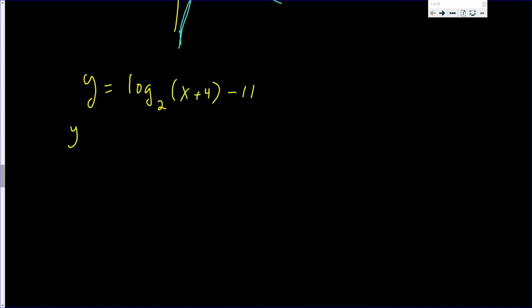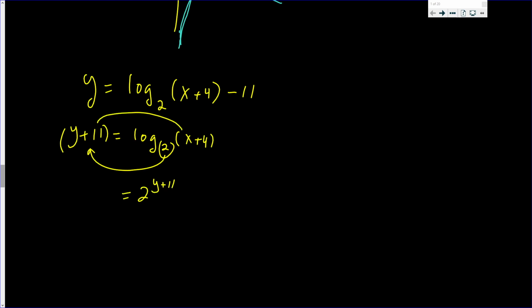Bring the 11 to the other side, and this becomes log base 2 of x plus 4. Put brackets around that. 2 to the y plus 11 is equal to x plus 4. Bring the 4 over to the other side as minus 4.